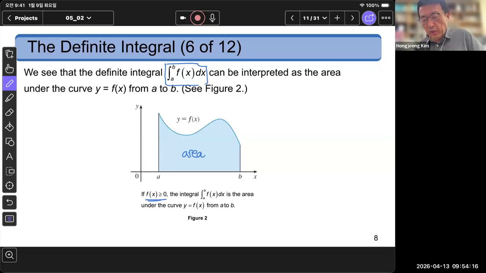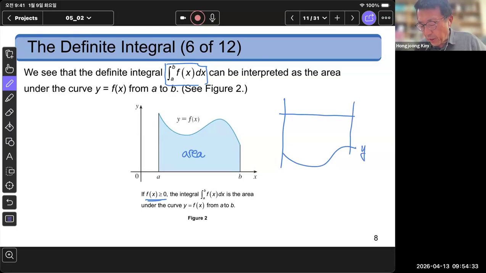Then, what will be the meaning of the definite integral when your f is negative valued? What happens if I have a negative valued f? So here is my f of x. Then what will be the meaning of this definite integral?